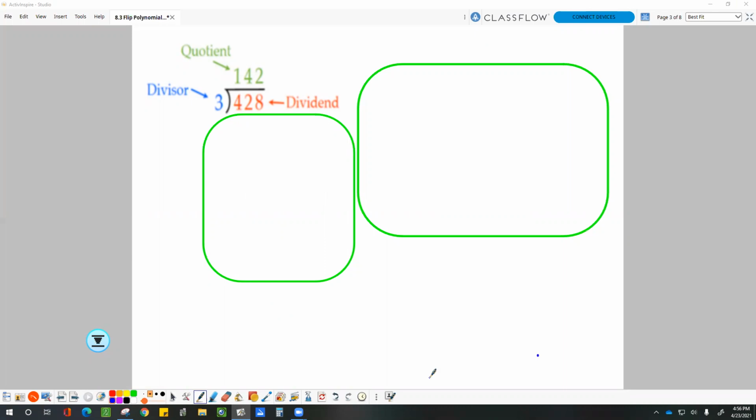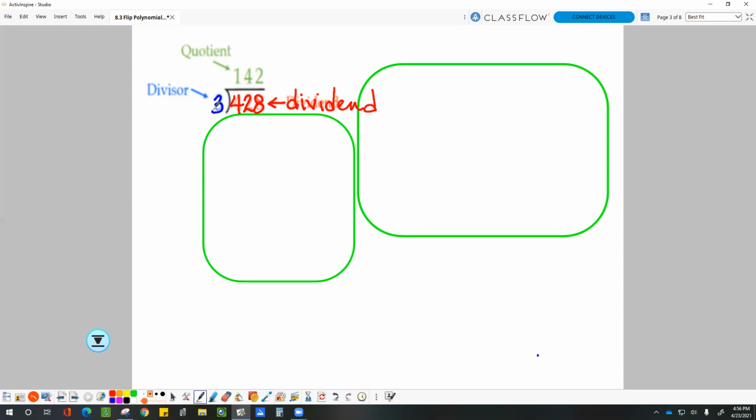so we'll do one first that is numbers. So this is more familiar. You haven't seen the polynomial division first. So I have 428. This is the dividend. It's already written on there, but it's a little blurry. I'm dividing by 3.